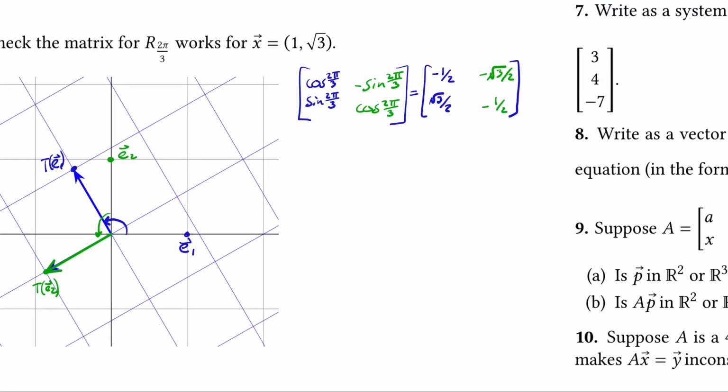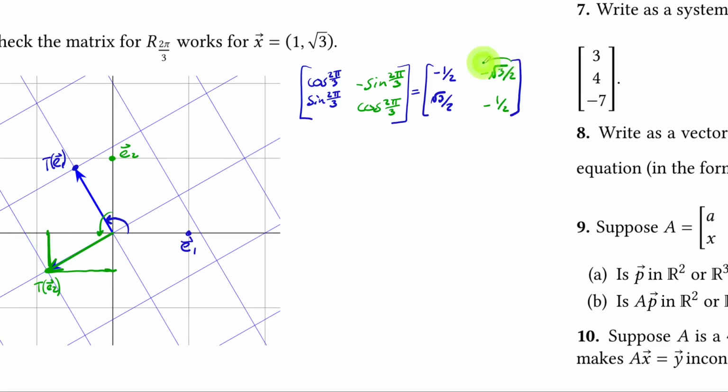And just to check that we have the right signs everywhere, yeah, T of e1 looks like its x-coordinate should be negative, and its y-coordinate should be positive and a little bit bigger than the x-coordinate. And likewise, T of e2 looks like they both should be negative, and the x1 coordinate is a little bit bigger than the x2 coordinate. So yeah, just a reality check there.